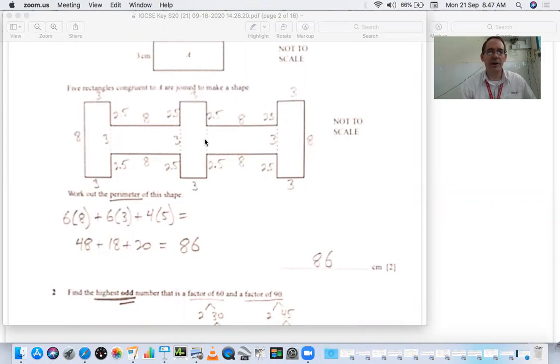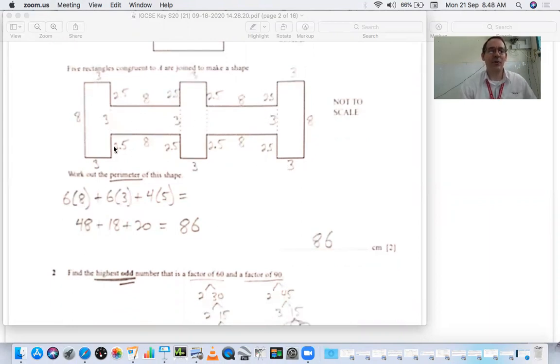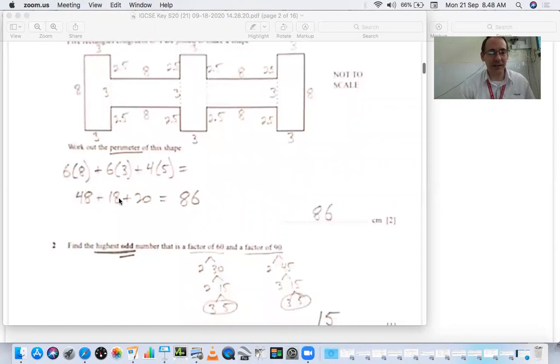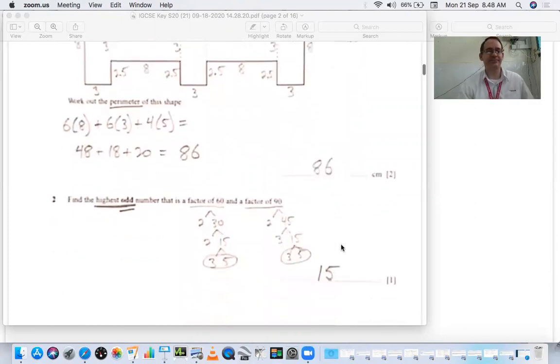You don't count the ones that are on the inside. And then you have 4 lengths of 5. I didn't count them as 2.5, I just counted them as 5. And then you get 48 plus 18 plus 20 equals 86.